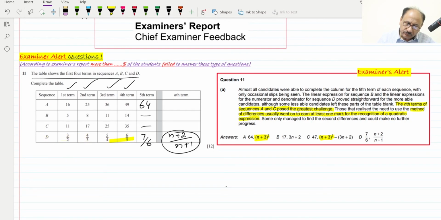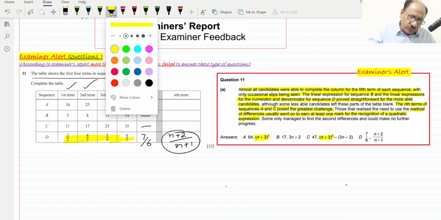Now this is basically the easier part of this one, and they are saying next, if we go through this, the linear expression for sequence b and the linear expression for the numerator and denominator for sequence d proved straightforward for more able candidates. So the first portion is the easier one, which is done by most of the students.